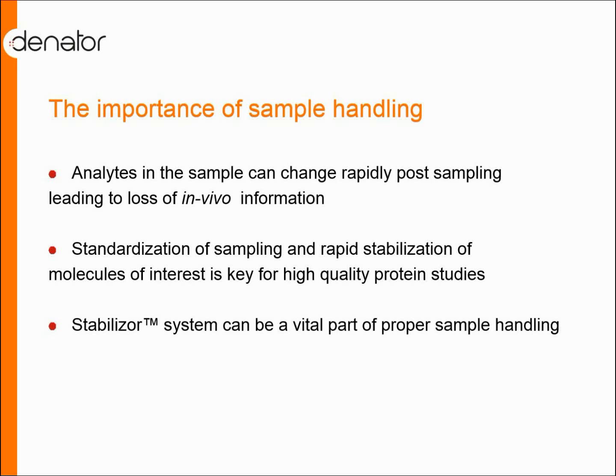To do this requires standardization of sampling and rapid stabilization of the molecules of interest, and the stabilizer system can be a vital part of a proper sample handling chain.